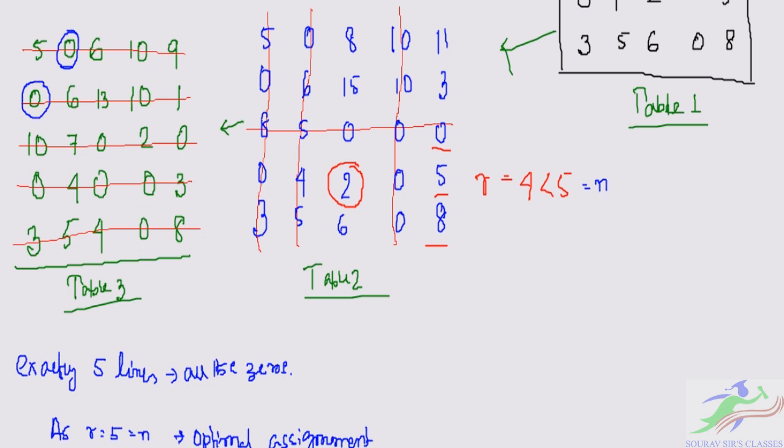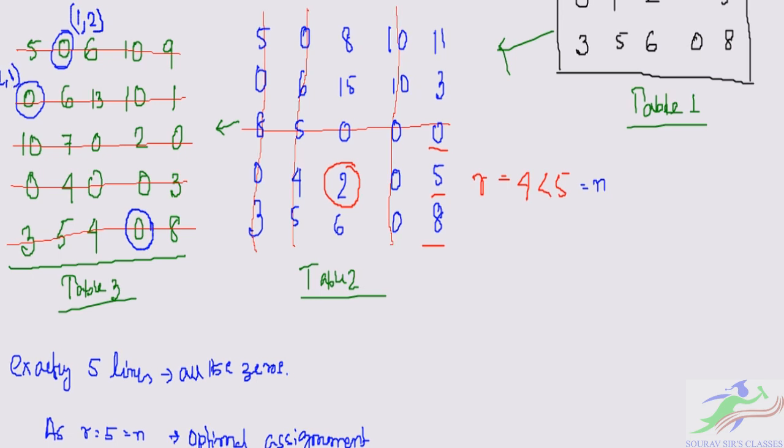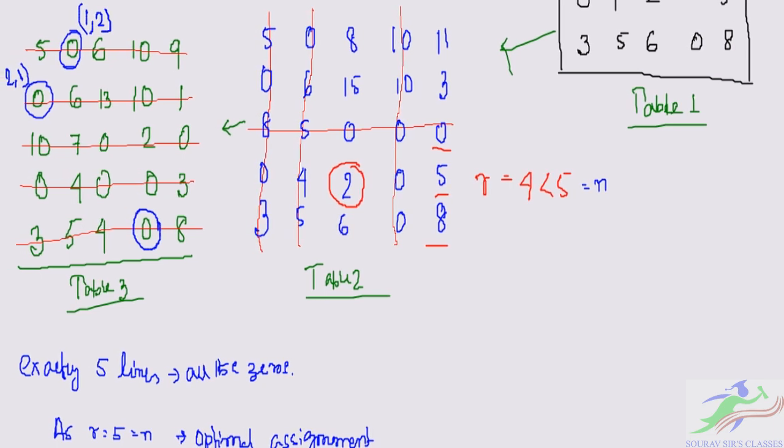In the positions, this is 1 comma 2, this is 2 comma 1, and this is going to be 5 comma 4.